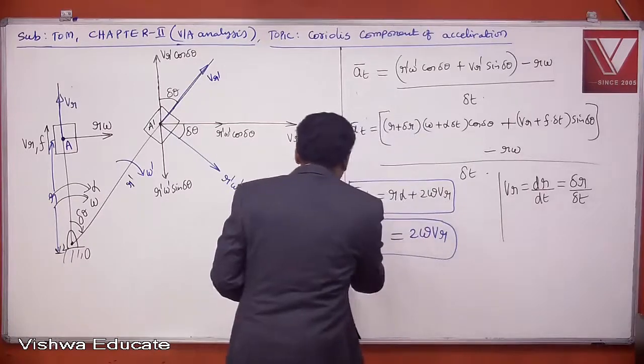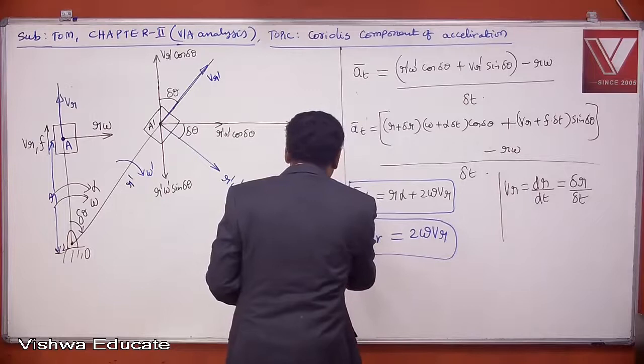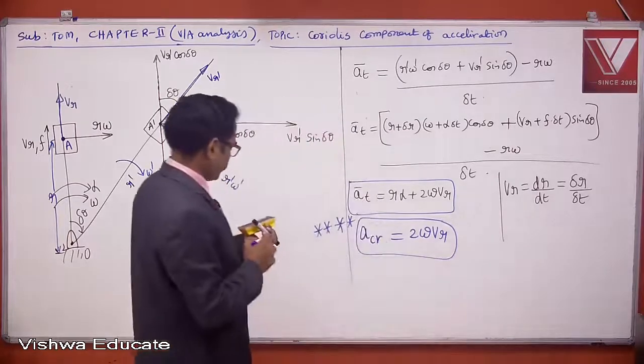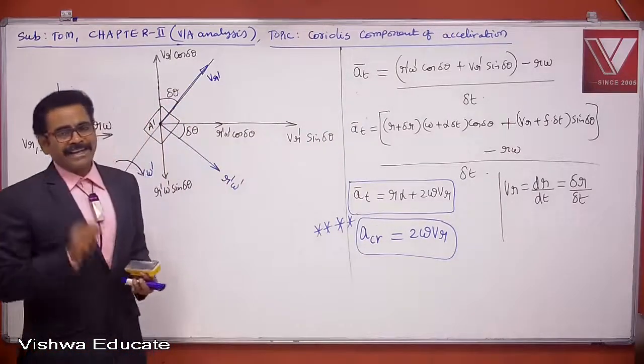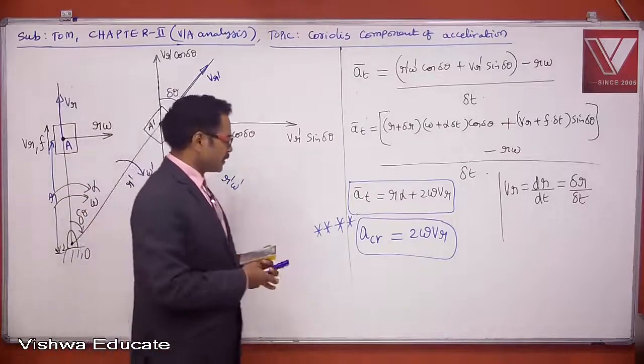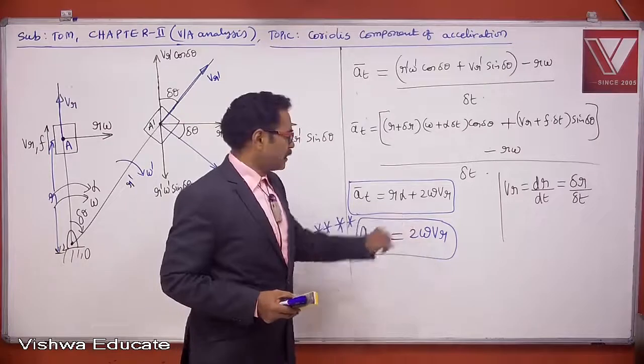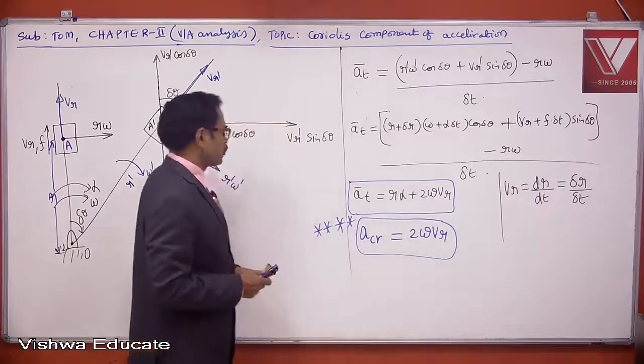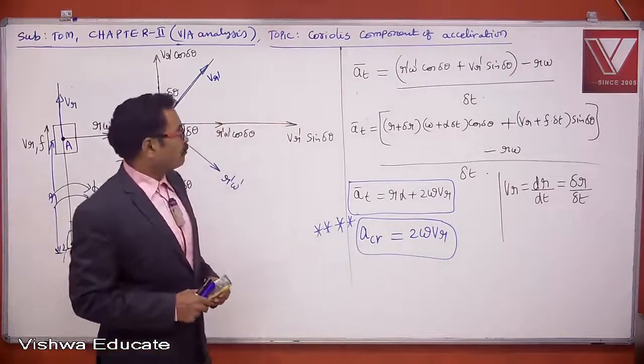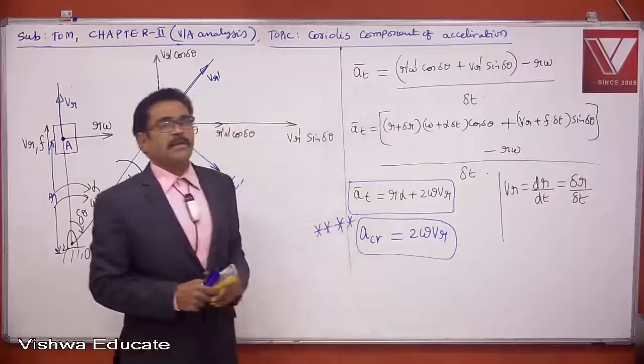This is one of the very important formulae in theory of machines. I already told you, there are 8 important formulae in theory of machines. This is one of those 8. So it is a very important formula in theory of machines: 2 into omega into VR, the Coriolis component of acceleration. Just copy them, then we go further.